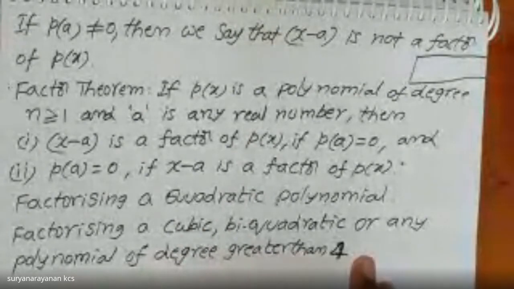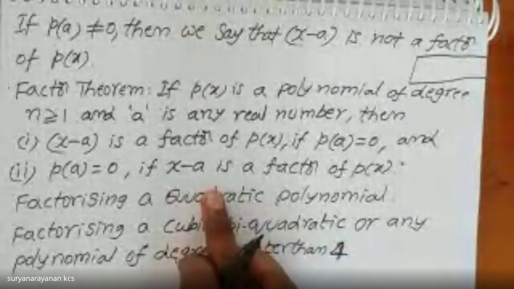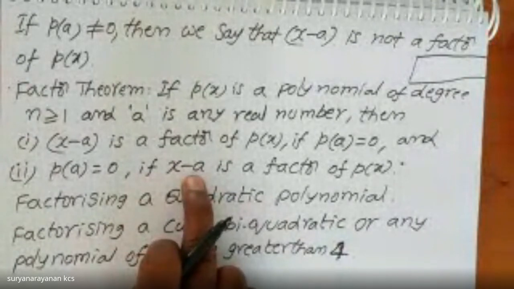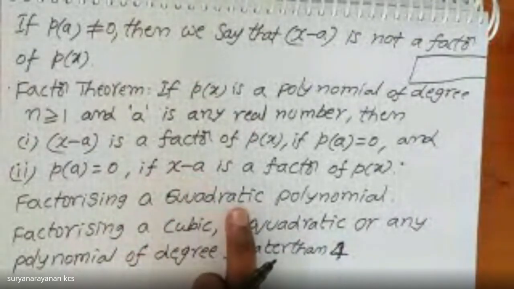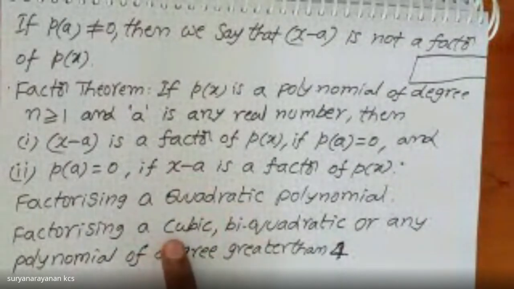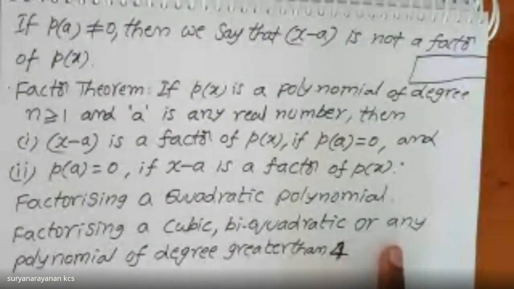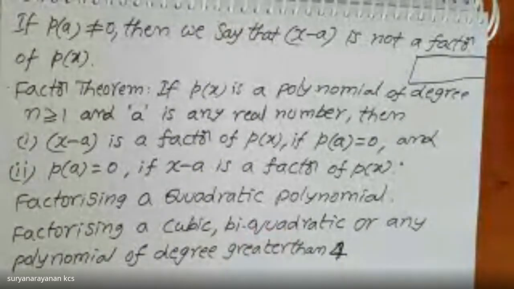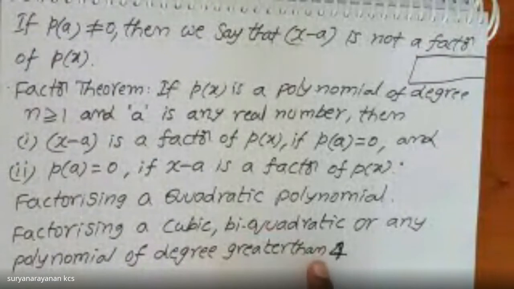Up to 4, we have given some particular names. Degree of the polynomial is 1, that is called a linear polynomial. If the degree of the polynomial is 2, it is called a quadratic polynomial. If the degree is 3, it is called a cubic polynomial. If the degree is 4, then it is called biquadratic. After that, if the degree of the polynomial is more than 4, we are not giving a particular name.